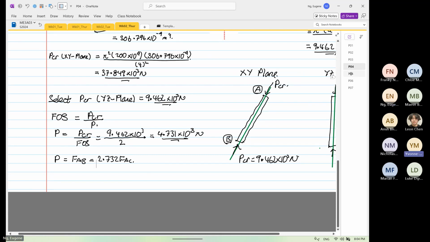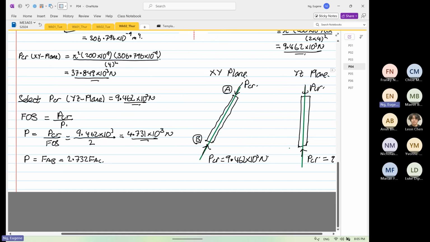Eugene, isn't it meant to be PCR that equals FAB? Say it again. Is it meant to be PCR equals FAB? That's what you wrote before. No, because I forgot there's a factor of safety. Oh, okay, there's a factor of safety over here.